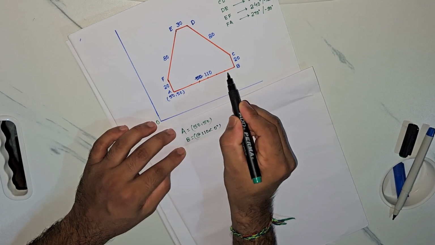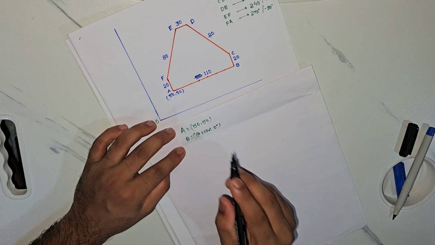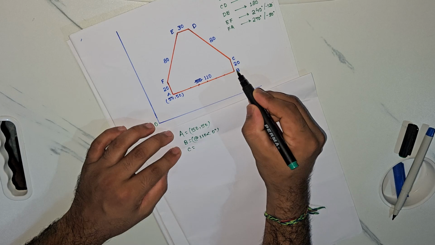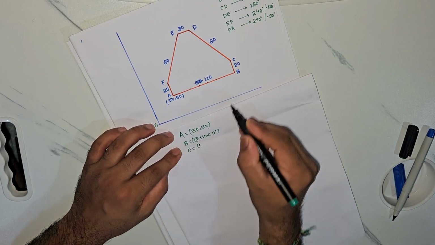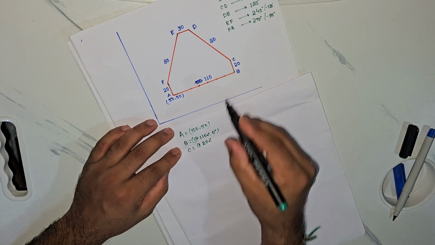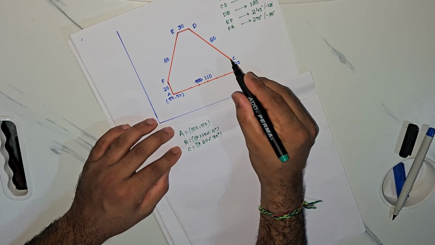If it is going in the rightward direction, then 0. If it is going in the left direction, then it will be 180 degrees. Now for C, from B to C, the distance is 20 and the angle is 90 degrees.